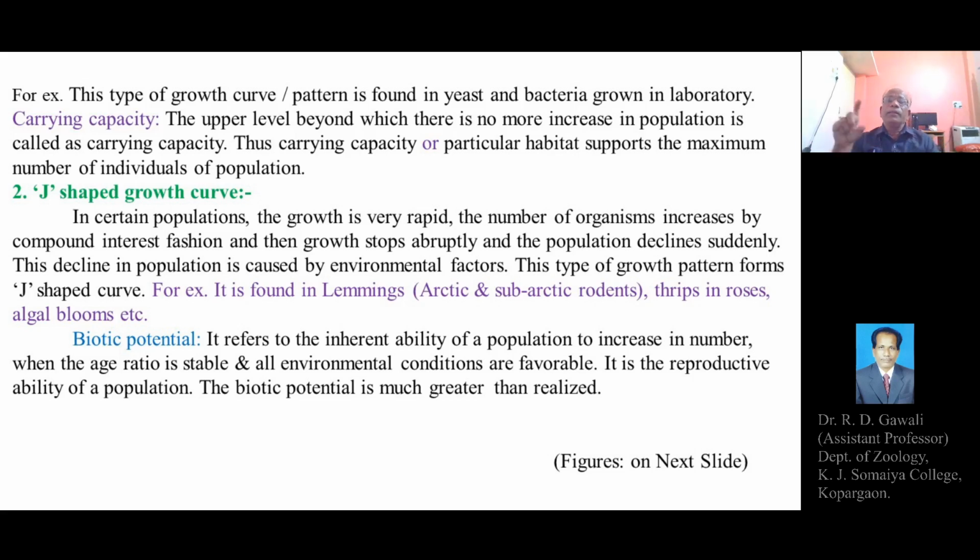So, in the discussion of the J-shaped curve, what happens in certain populations is that the growth is very rapid in the initial phase.